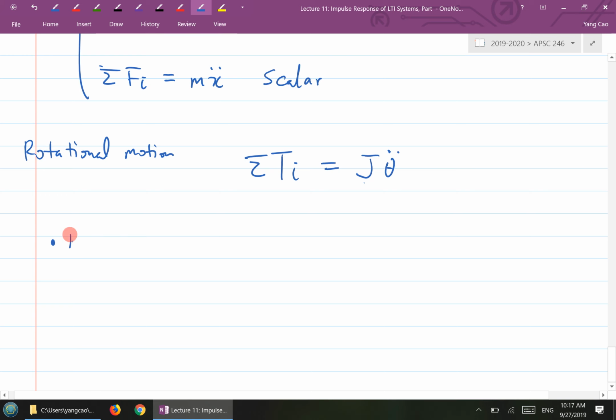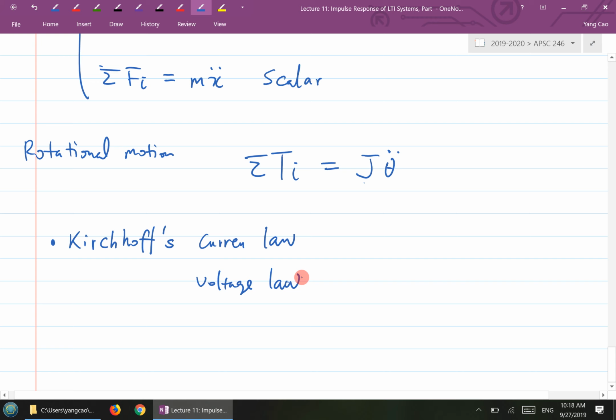For electrical wise, when you have a circuit, you have two laws. One is called Kirchhoff's current law, and the other one is the voltage law.